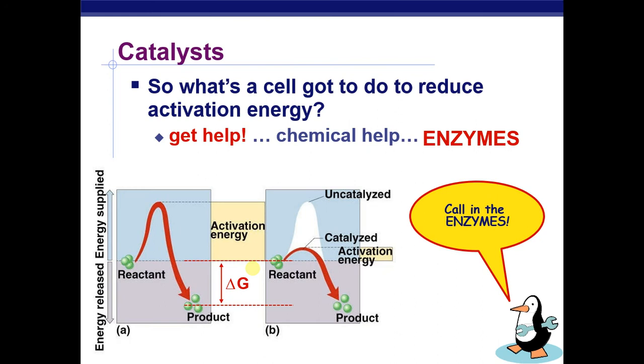And these catalysts, when they are biological or part of living organisms, we call them enzymes. So enzymes in our body are those things that decrease this activation energy, this energy hill, that allow even exergonic reactions to happen in a timely manner.